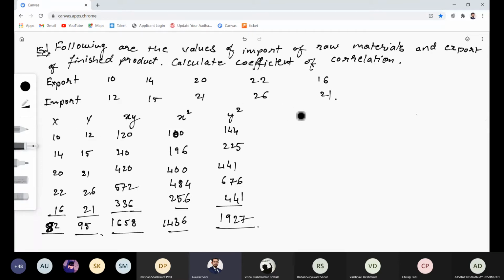Okay, so x bar is equal to summation x divided by n, which is equal to 82 divided by the total number of entries, 5. So 82 by 5, which is 16.4. Y bar is equal to summation y divided by n, which is 95 divided by 5, which is 19.